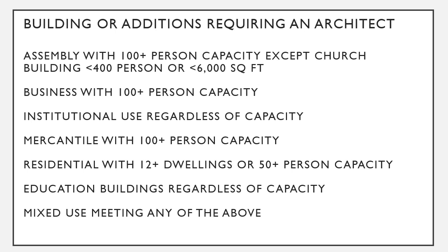These buildings include assembly buildings with 100+ person capacity, except church buildings less than 400 persons or less than 6,000 square feet. Businesses with a 100+ person capacity, institutional use regardless of capacity, mercantile with 100+ person capacity, residential with 12+ dwellings or 50+ person capacity, education buildings regardless of capacity, and mixed use meeting any of the above specifications.